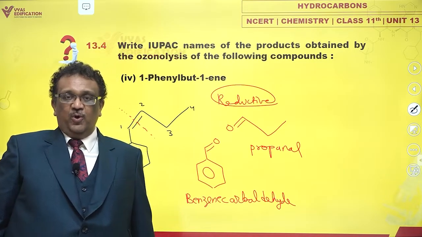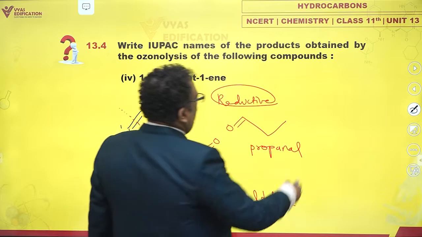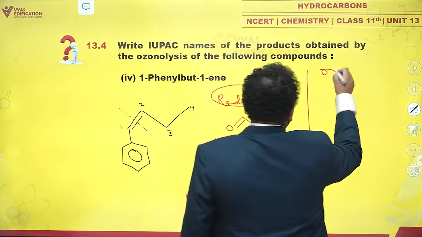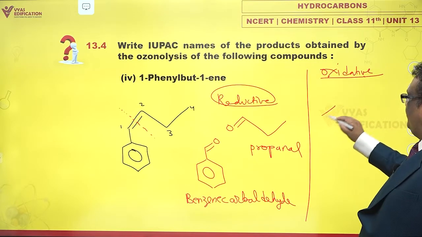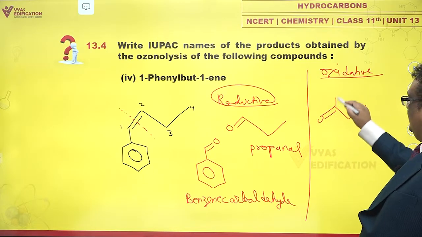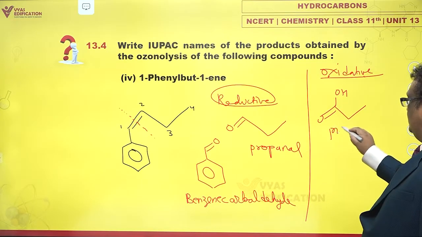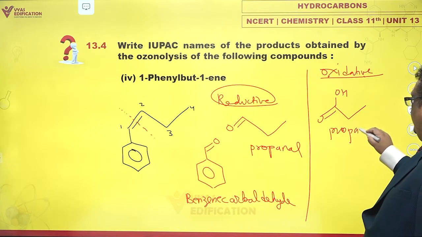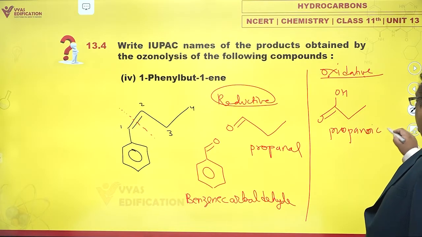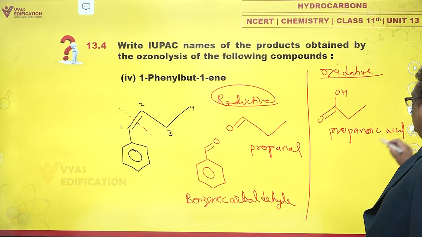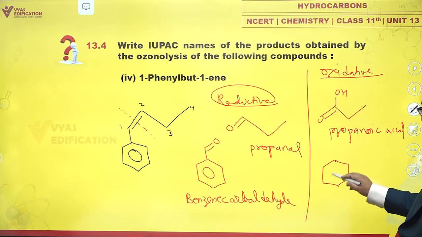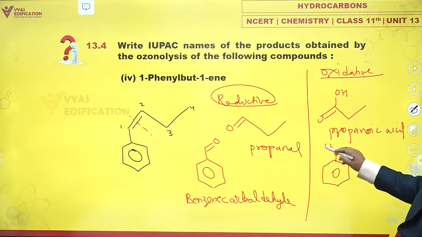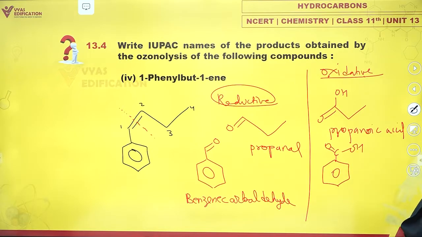No, we want this to be oxidative. Well, let's do it again. If you have oxidative ozonolysis, then they would happily be oxidized further. How exactly? This becomes propanoic acid. And this becomes benzoic acid or benzene carboxylic acid.